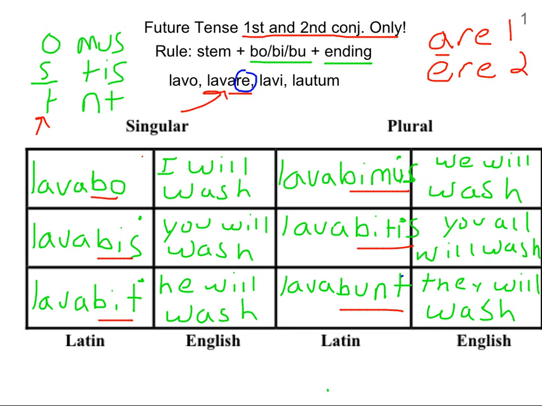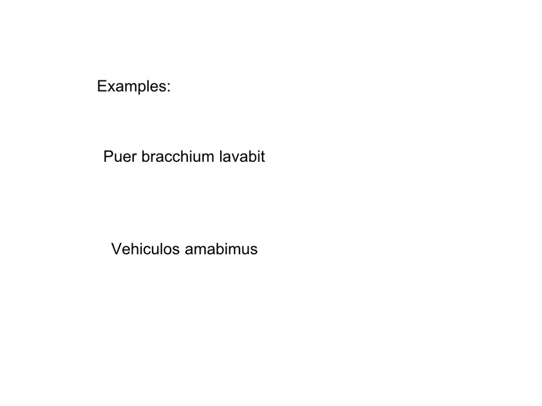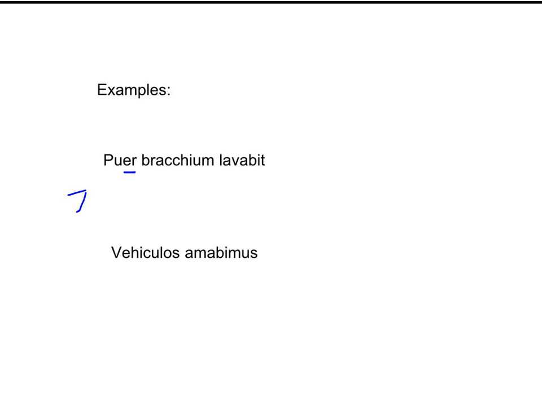All right, let's take a look at some examples. Two examples as always. The first example is puer brachium lavabit. So the first word in this sentence, puer, you'll notice that R ending is second declension. It's going to be the subject, so we know the boy is going to be doing something.